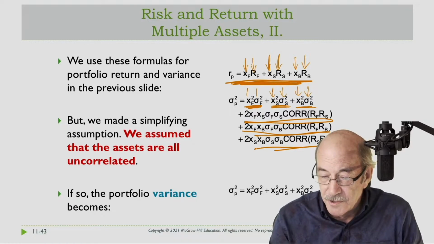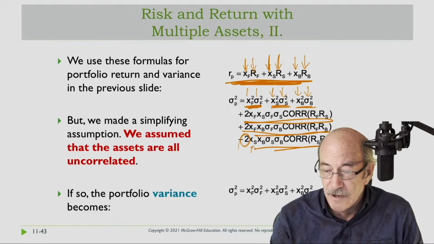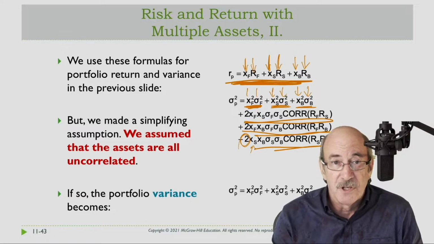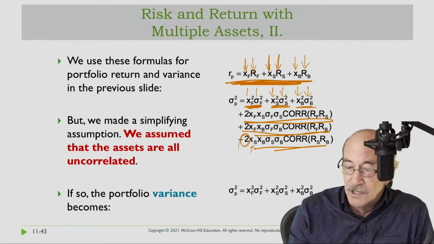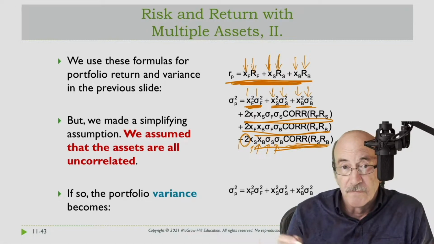And notice that there's always that 2 out front. And the weight of this last term is the weight of the U.S. stocks, weight of the U.S. bonds, standard deviation of U.S. stocks, standard deviation of U.S. bonds, and then the correlation between those two.